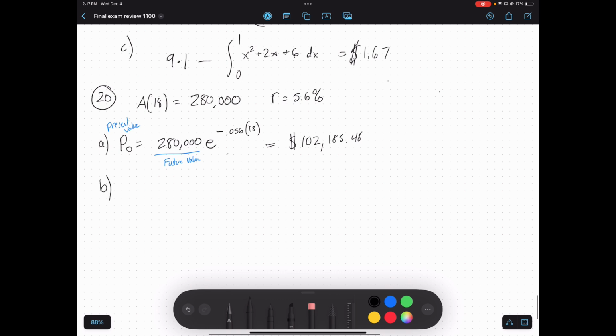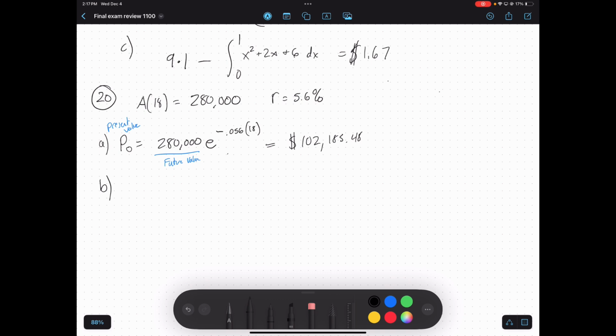B says, okay, well, what would your continuous money stream have to be in order to get this future value? Instead of doing one lump sum, how much would you need to contribute every single year in order to end up with this same future value?